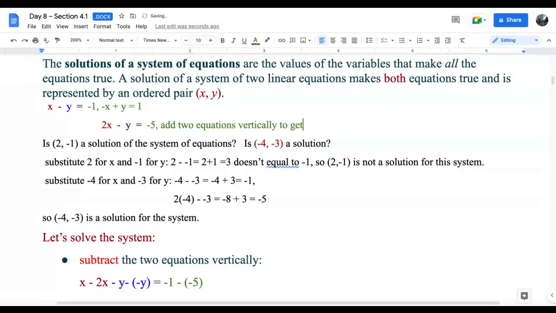Negative x plus 2x would be x. y plus negative y would be 0. 1 plus negative 5 would be negative 4. I think this is called the elimination method. Anyone has any questions?